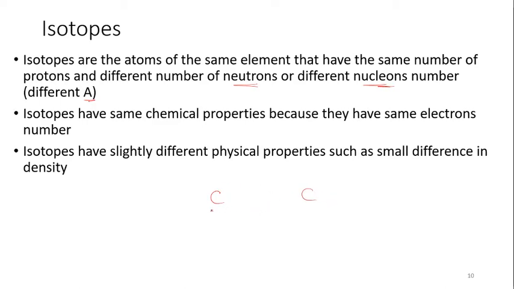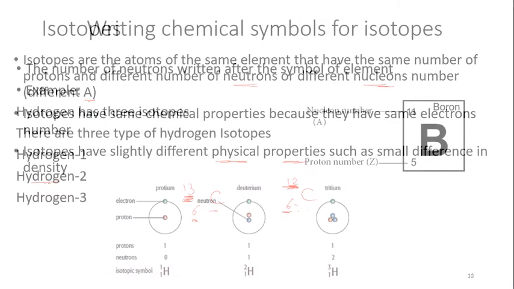If I look at carbon 13 and carbon 12, they have the same number of protons, which is 6. Both of them have 6 electrons, and they have a different number of neutrons. They have the same chemical properties, but because they have different nucleon numbers, they will have different physical properties, such as a small difference in density.